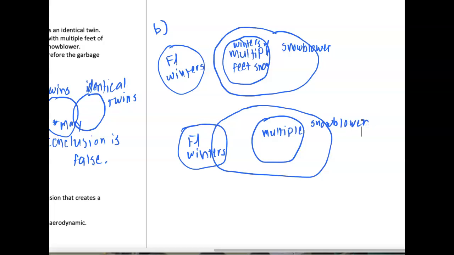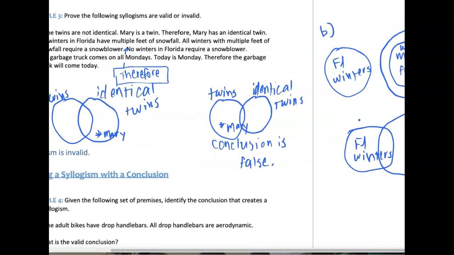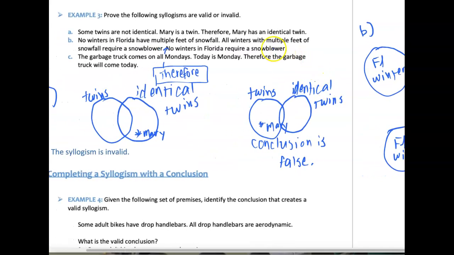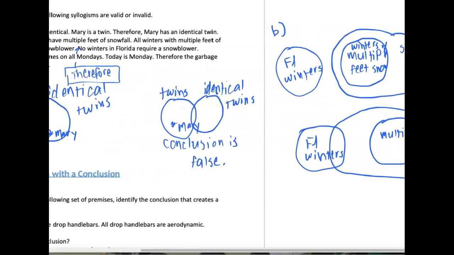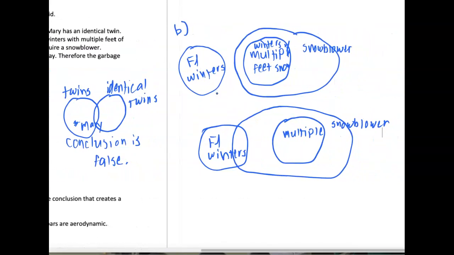So remember, we need both premises to be true. Well, the second premise is just all winters with multiple feet of snowfall require a snowblower. So that means all of these winters with multiple feet of snowfall, they all better be inside the snowblower circle. But notice I didn't say anything about this Florida winters bubble, right? Does it overlap with the snowblower circle? I didn't say.